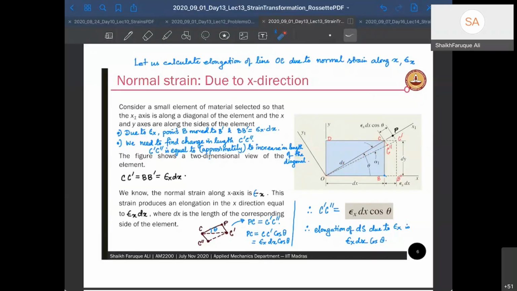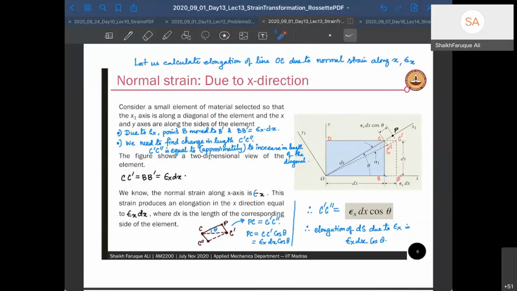Okay, now we are looking at how much this element has elongated. This element is rotated at an angle theta, right? So if I look at the elongation of this element, I will get the elongation along the x dash axis, right? Because my x1 and y1 axes are rotated axes. So if I can find the elongation along this diagonal element, I will find my epsilon x dash, right?